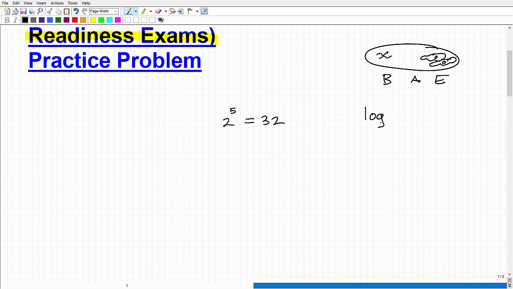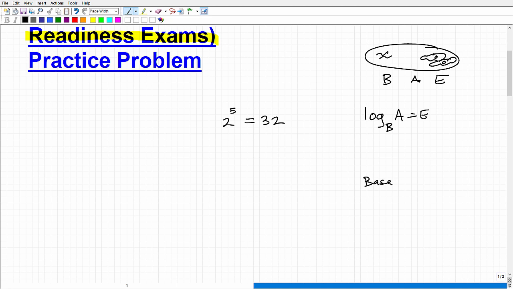So the subscript is B. Then we have A equals E. Bacon and eggs, okay? So log sub B of this power, A, equals E. Now, what does B stand for? Well, B is going to be the base.